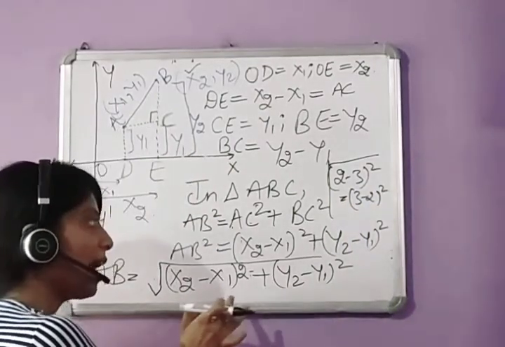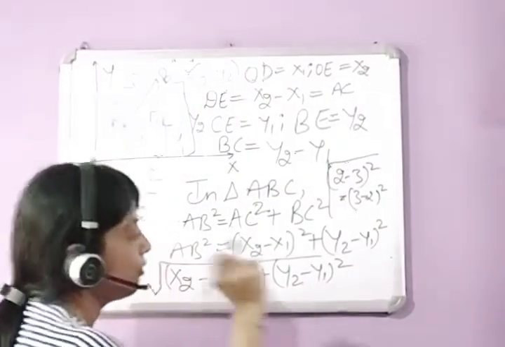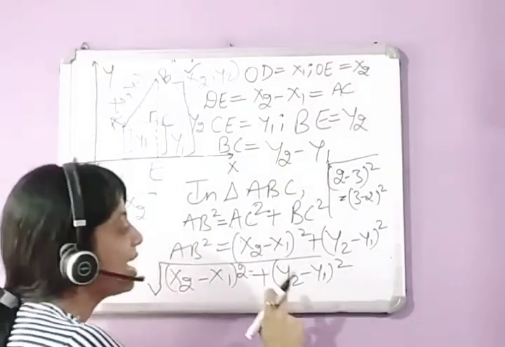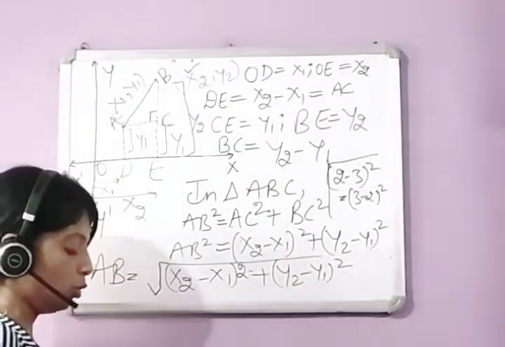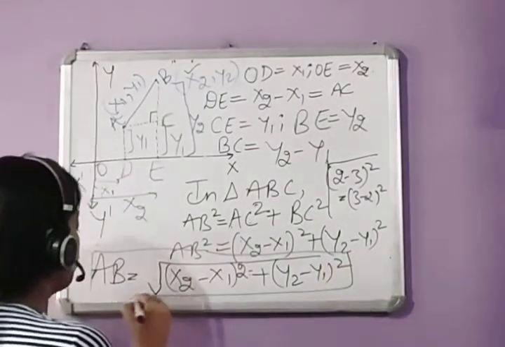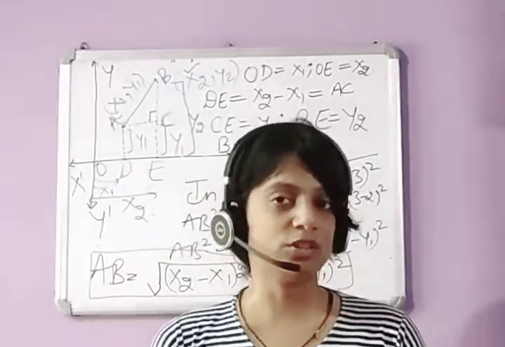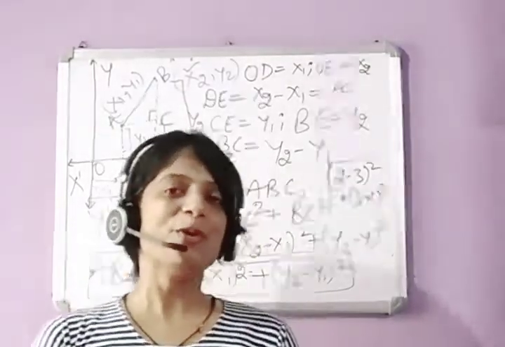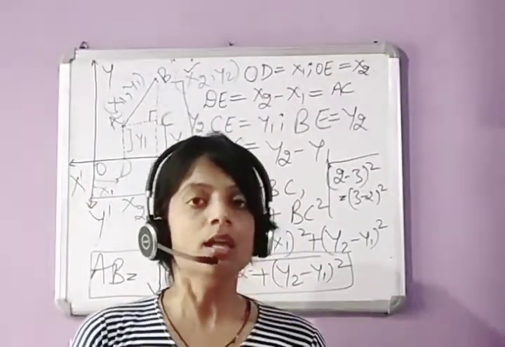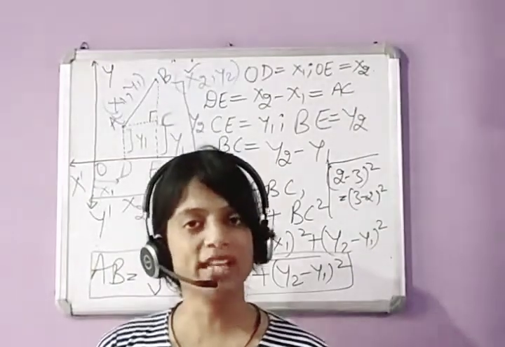So you can write either way. This was my distance formula, which we will apply in solving questions. I hope you understood the derivation and what the distance formula is. Now you can apply this formula and solve the questions.